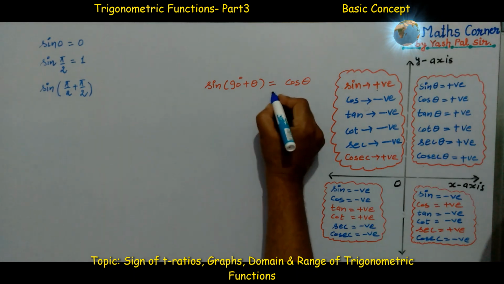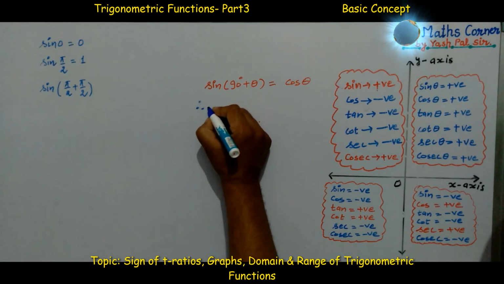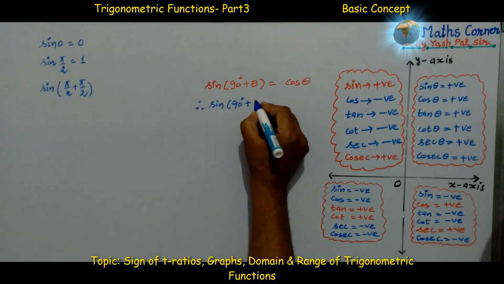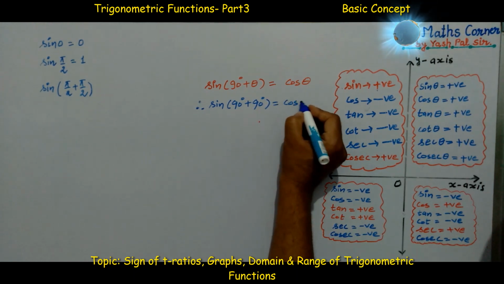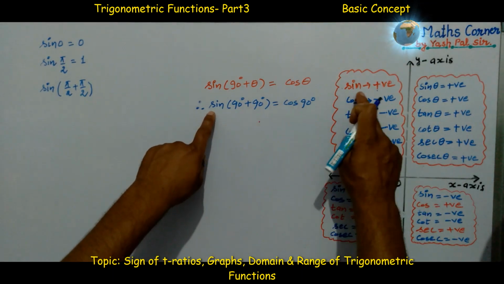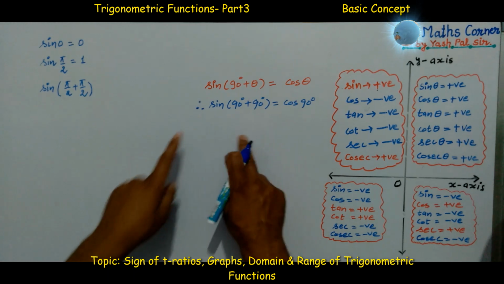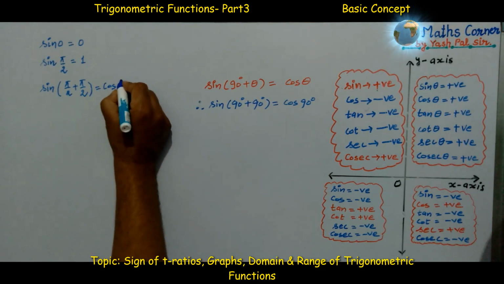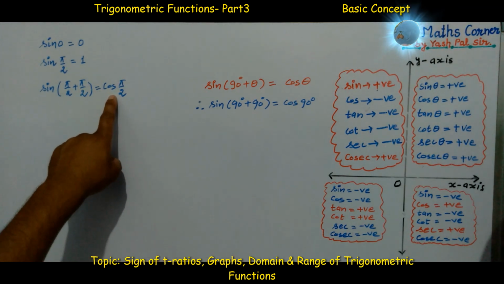So if theta is replaced by 90 degree, sine 90 degree plus 90 degree, that is equal to cos 90 degree, because in second quadrant sign is positive, so this is positive sign. So what we say here, this result is cos pi by 2, and we know what is the value of cos pi by 2.